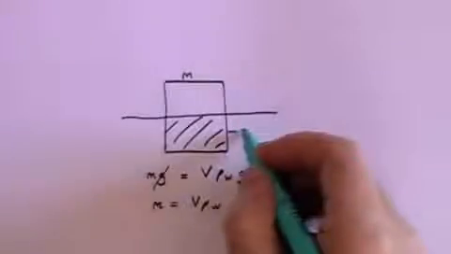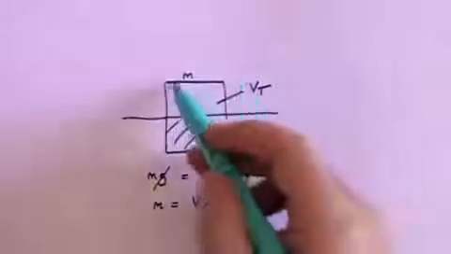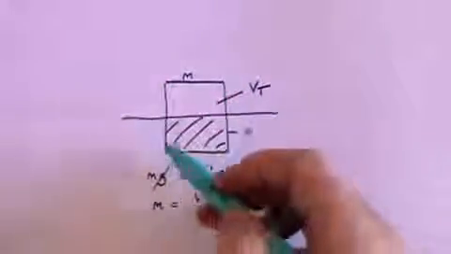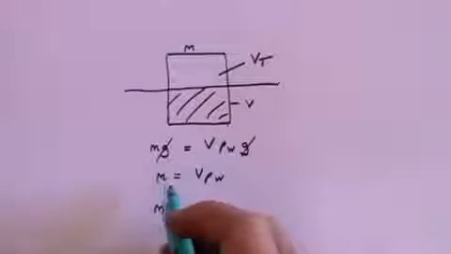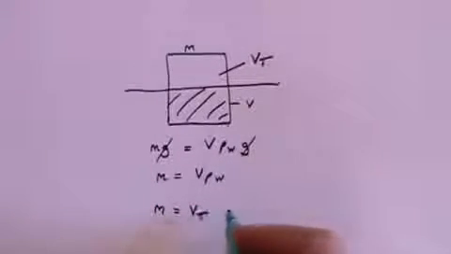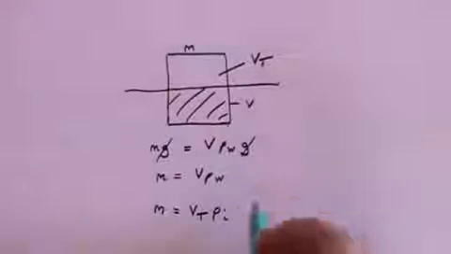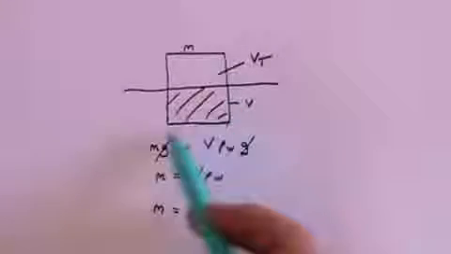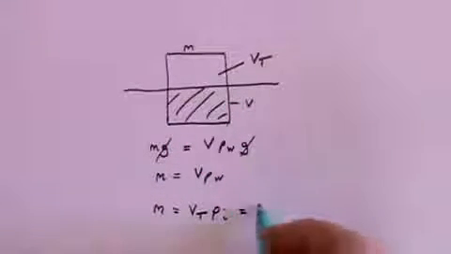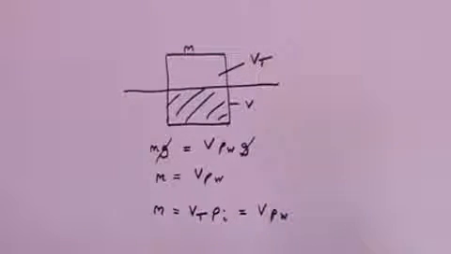Now V is the volume that is underwater, but let's consider the total volume of ice. That's all of it, above and below the water. Then the mass of ice is equal to the total volume times the density of ice. And that, of course, is going to equal the volume underwater times the density of water.